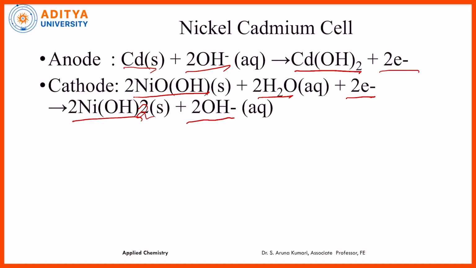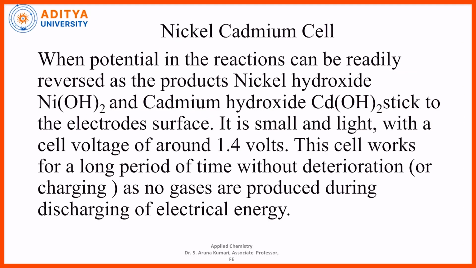Here we see that cadmium is undergoing oxidation and nickel oxyhydroxide is undergoing reduction. During these reactions, electrical energy is produced. The reactions in the nickel cadmium cell can be readily reversed, as the products, nickel hydroxide and cadmium hydroxide, stick to the electrode surface.